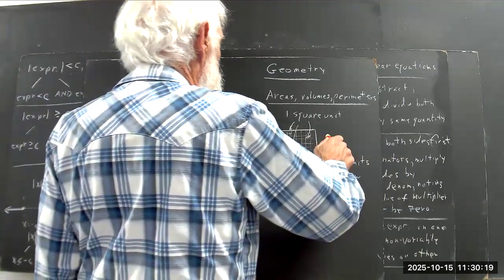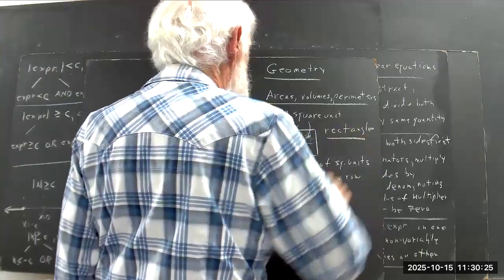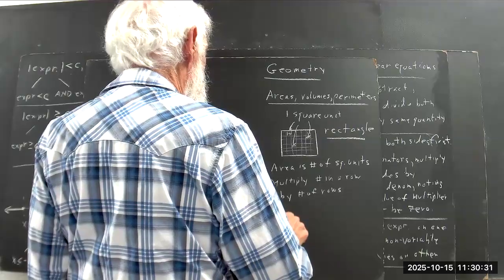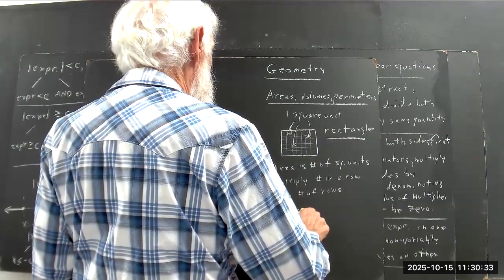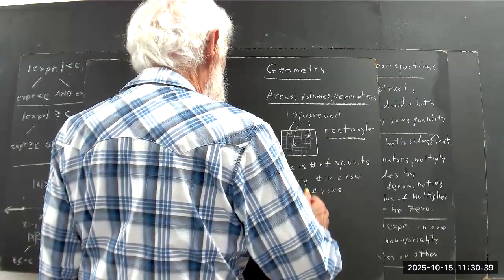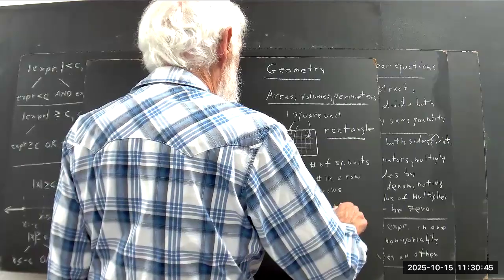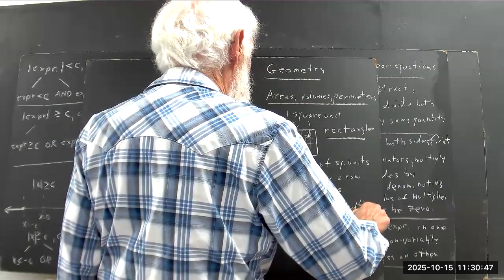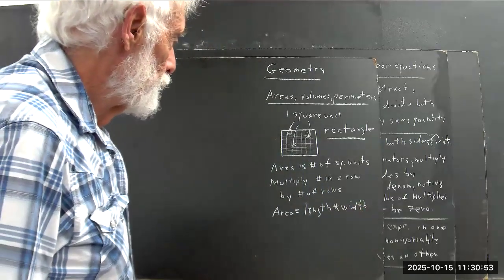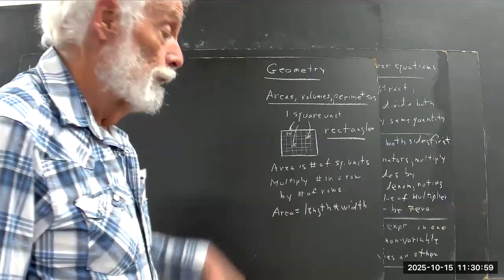Now, this is a rectangle. It's length times width, because the length is how many are in a row, and the width is how many rows there are.